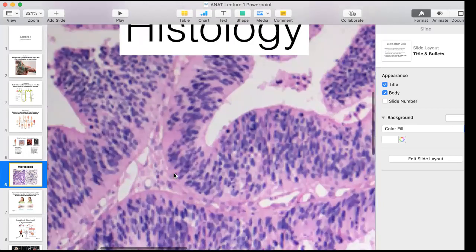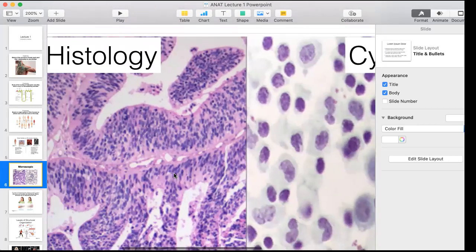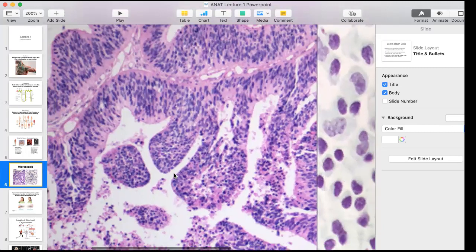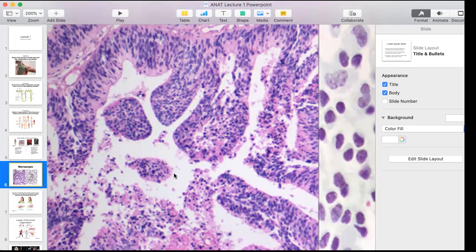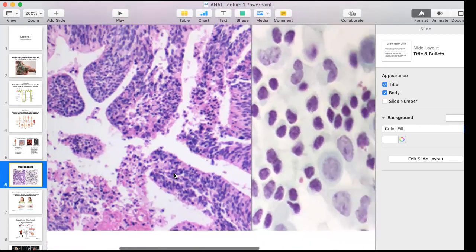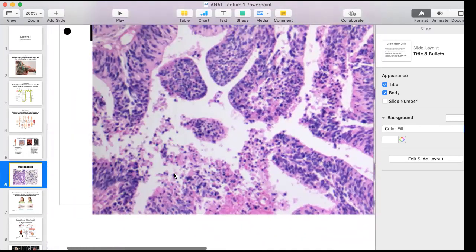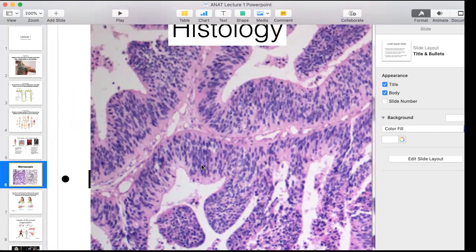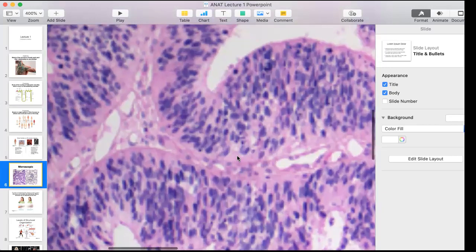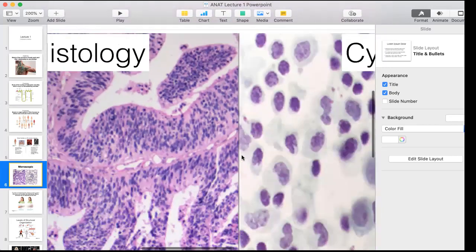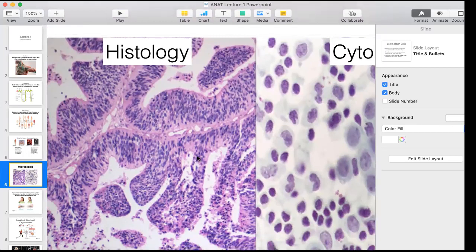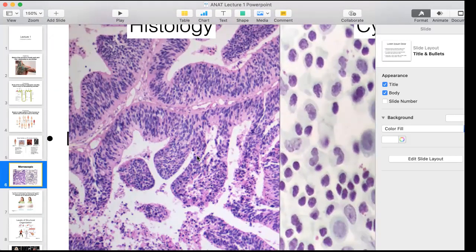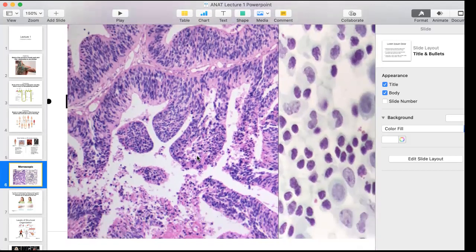So when we see things being stained, and this is something that we unfortunately cannot do this semester unless you're in the Friday class, we can analyze this tissue and say, okay, what exactly is it? And ways we can do that is by seeing what types of cells it's made up of. It's kind of harder in this case because the quality is a little bit too low. But this image here is a collection of cells of the same type that are anchored together, and we'll talk about what anchors cells together next lecture.